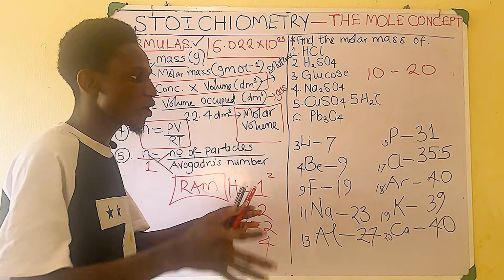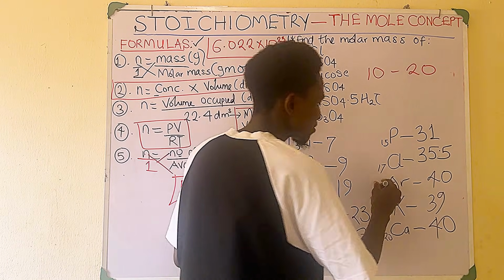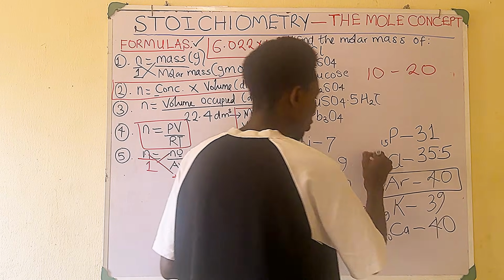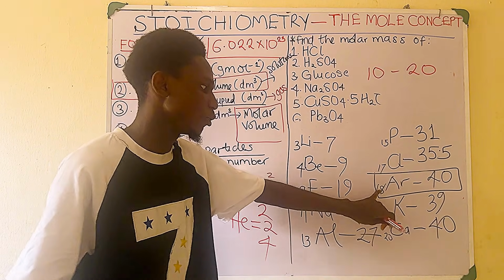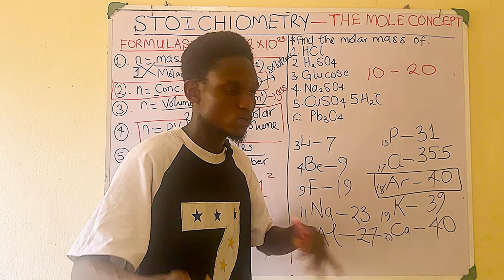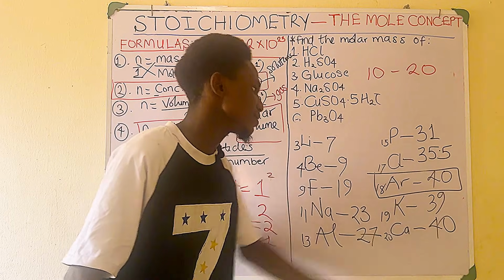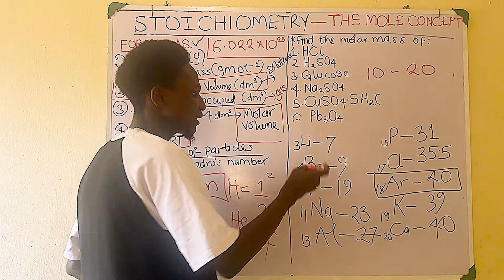But the even ones follow it, except argon. Argon is the only even number that does not follow it. Its atomic number is 18, that is not having 18 times 2, but it's having 40. For the ones that are between 10 and 20, these three, just master them.